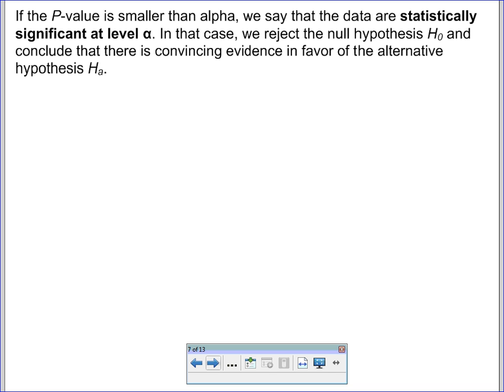So basically, in a nutshell, we would set an alpha of 0.05.